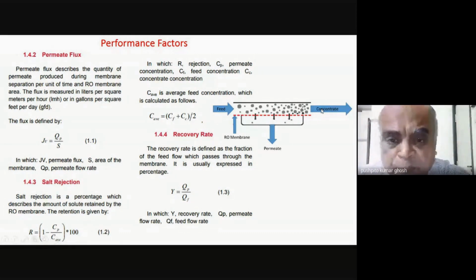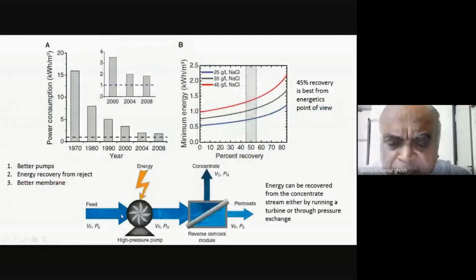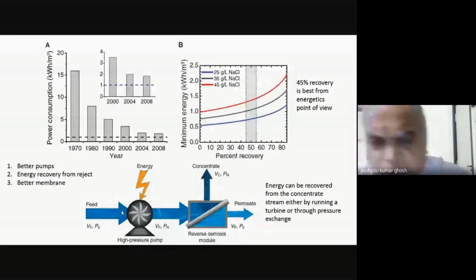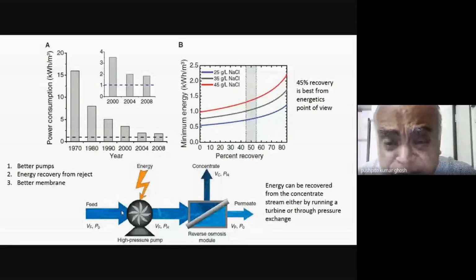So people have devised wonderful methods to recover the energy from that concentrate stream. 70 bar is a very high pressure. It is like very high pressure steam, which runs turbines, and that's how we get power.